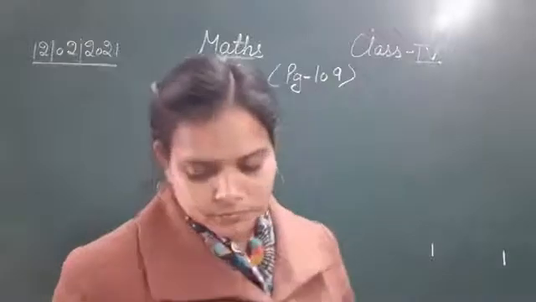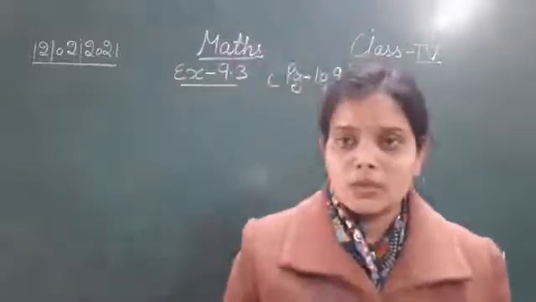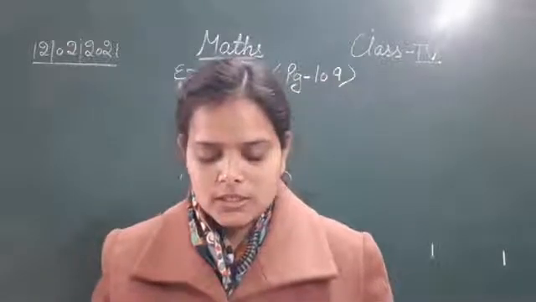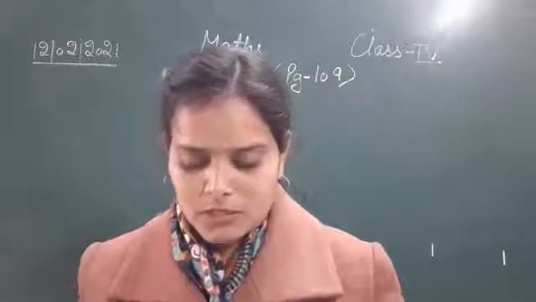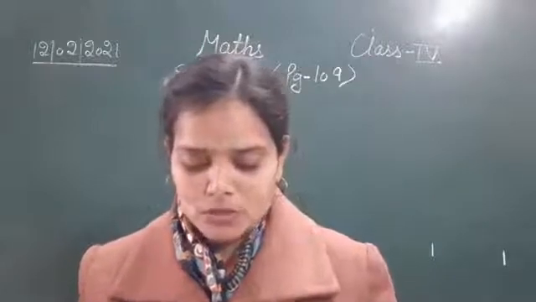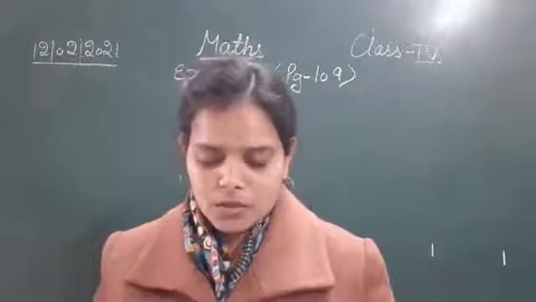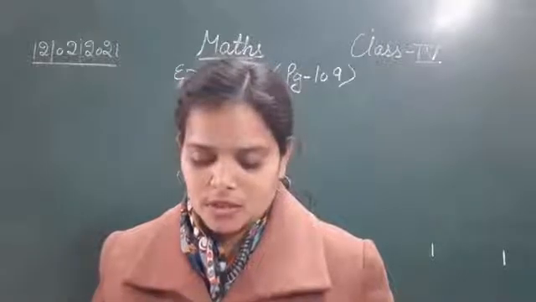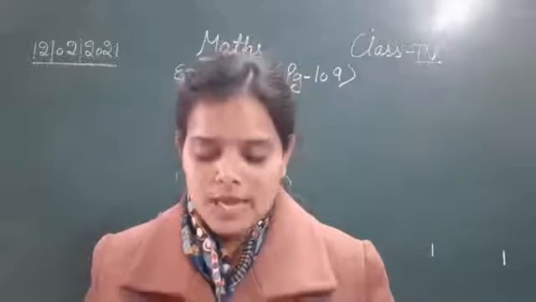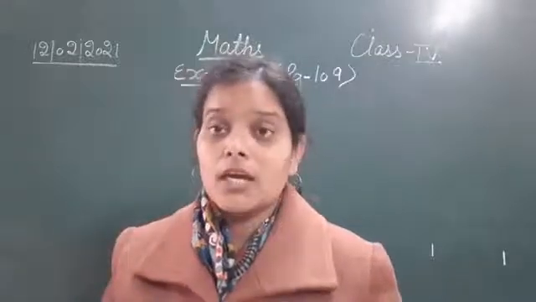Let's begin with the first sum. It says: multiply rupees 476 and 45 paise by 2.